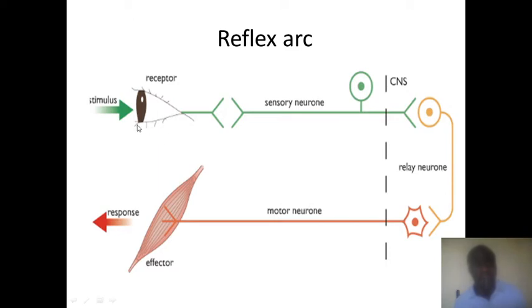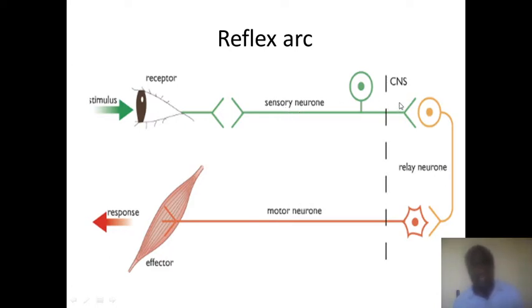You can see we have our stimulus here, and we're using this example of the iris reflex. This is the eye, as you can see. Then an impulse is generated, which is carried by the sensory neurons to the central nervous system.